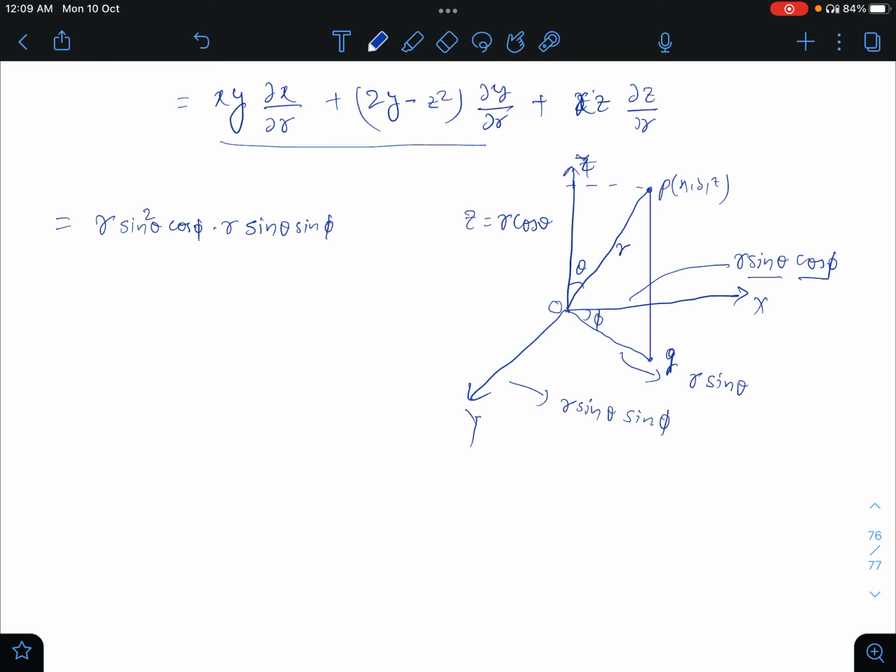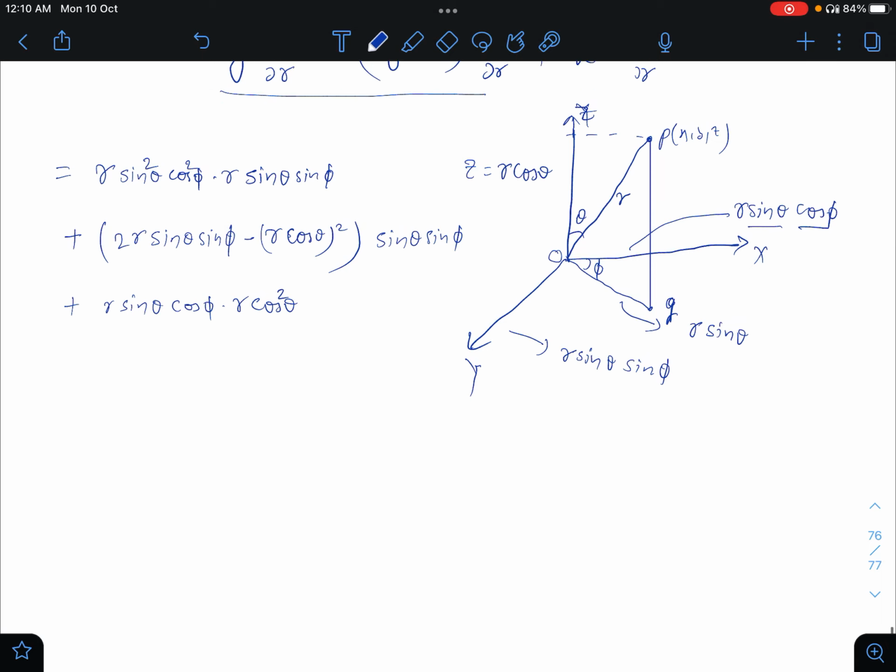So it will be r sin theta cos phi times r sin theta sin phi, that is r square sin square theta sin phi cos phi, plus 2r sin theta sin phi minus r cos theta whole square, and del y by del r will be sin theta sin phi, plus xz. So x is r sin theta cos phi and z is r cos theta, and del z upon del r is cos theta.